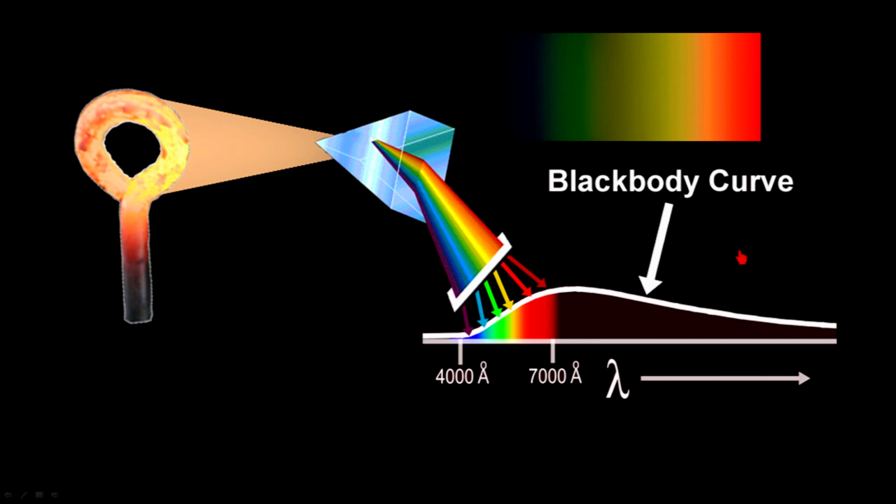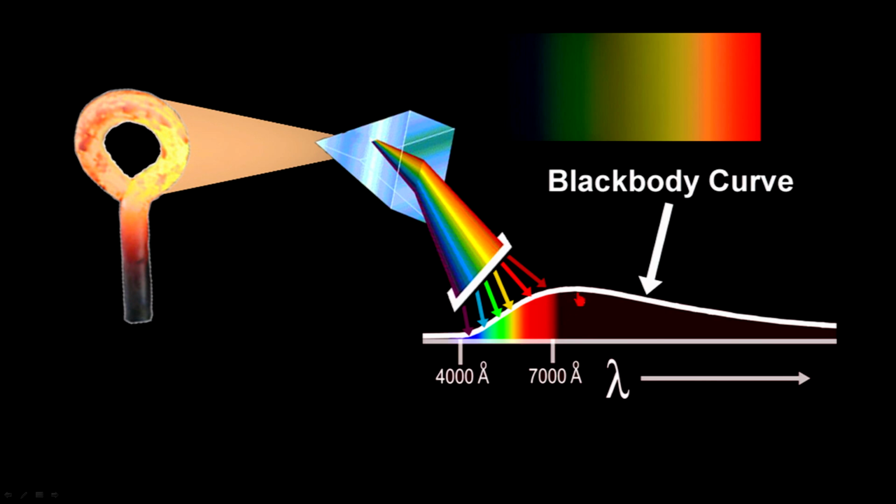When an object has the behavior of blackbody and we measure the amount of energy or the brightness of each wavelength, we have a blackbody curve that is a graphical representation of how the brightness of each color is shown from this particular object. So what's really critical is this white line right here, what we call a blackbody curve. This is the blackbody curve that comes from the light that comes from this object here on the left. Now, when we do this for various objects, it tells us information about the object itself.